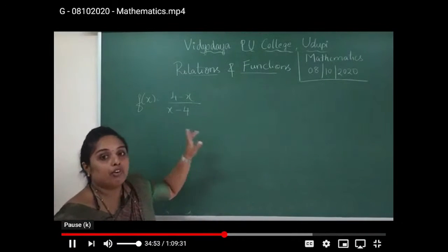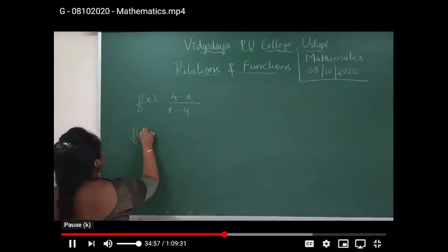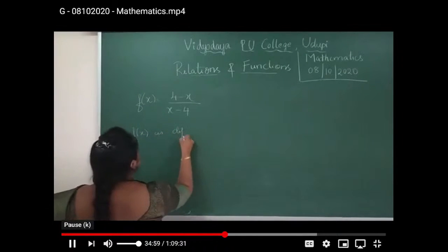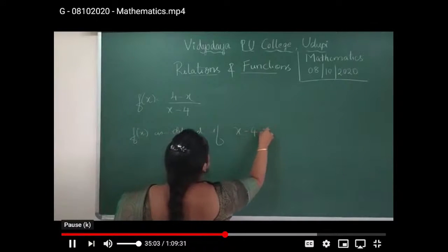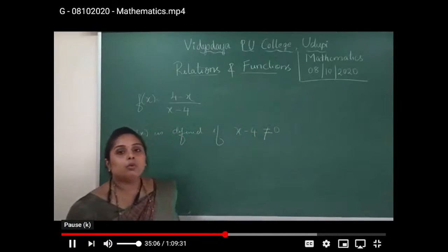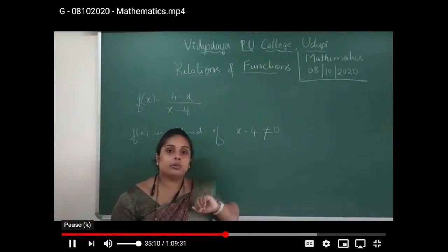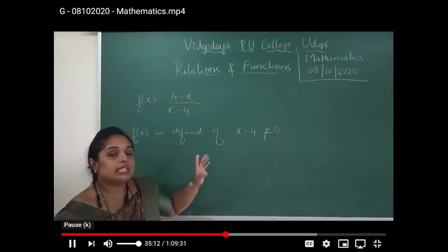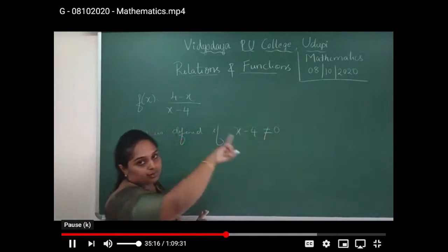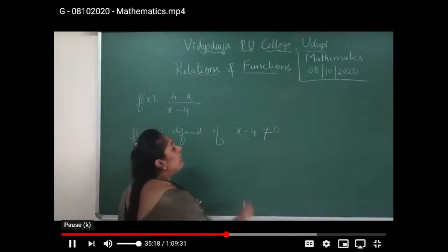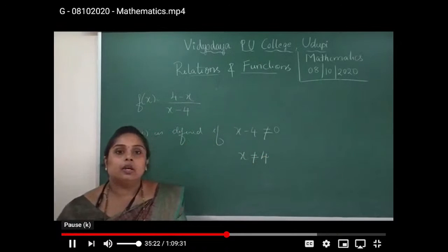So f of x is defined only if the denominator is not equal to 0. What is the denominator? X minus 4 should not be equal to 0. Now x minus 4 not equal to 0 means if I shift that minus 4 to that side, it becomes plus 4, which implies x should not be equal to 4.